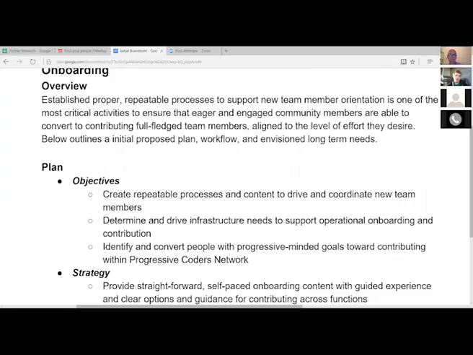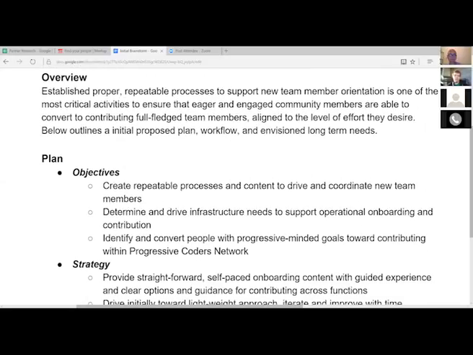So the strategy for accomplishing the above provides some really straightforward, self-paced onboarding that gives a very guided experience as well, and clear options for how people can contribute across all of the different things going on the team, whether that be development, like all of you very talented people, to documentation and process and stuff like this for people like me.